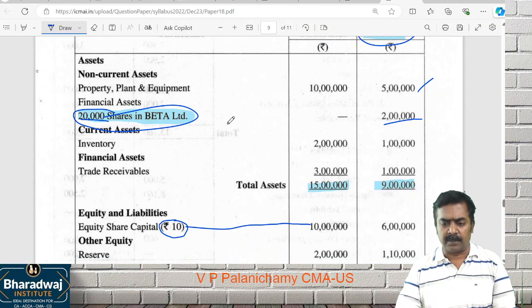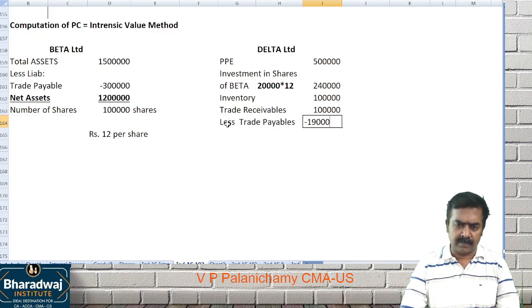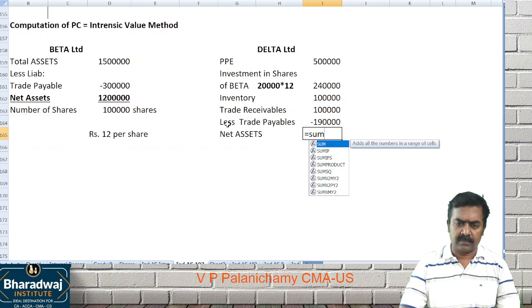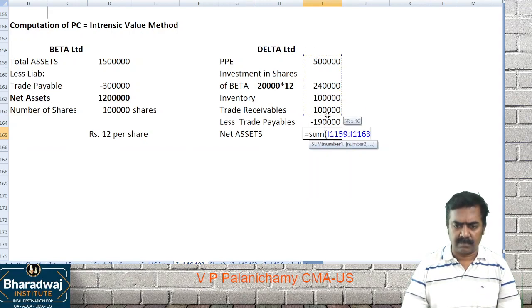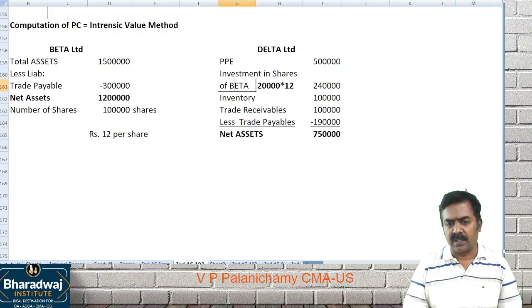See how much trade payables there are: 1,90,000. This will give us the net assets of the other company. 7,50,000 is the net assets of Delta Limited. Many students will not think on this point.